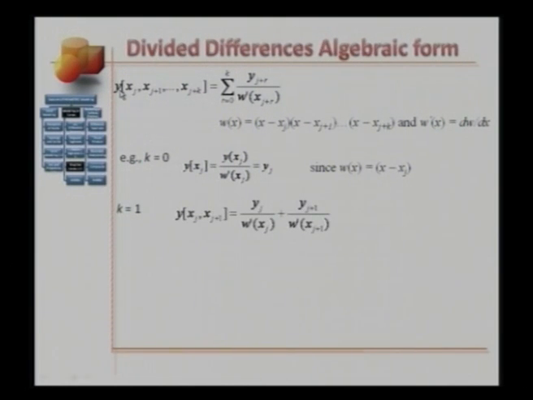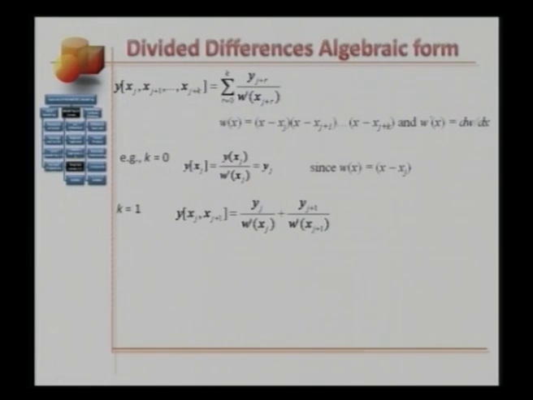We have y within square parenthesis xj, xj plus 1 right here. The numerators for these two terms will be yj and yj plus 1. The denominators will be w prime evaluated at xj and w prime evaluated at xj plus 1.